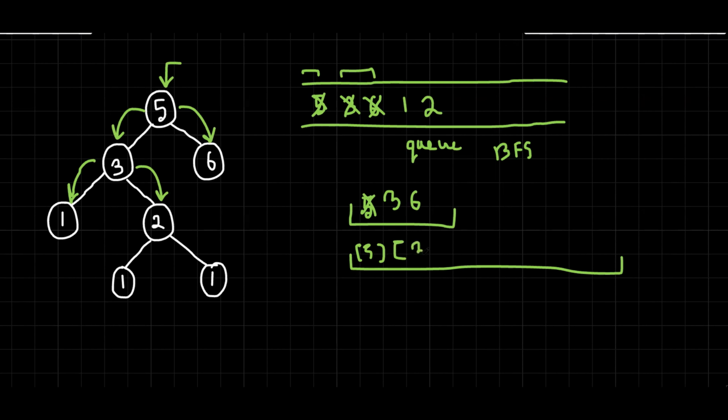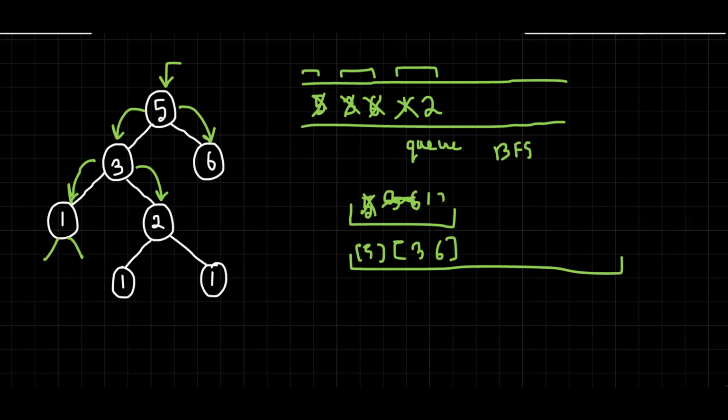So we have found 3 and 6. Now, our queue elements are 1 and 2. What is the top element of the queue? It is 1. So we have to insert 1 into the small vector. And 1 does not have any left and right children, so we don't have to add anything to the queue. Now our current element is 2.